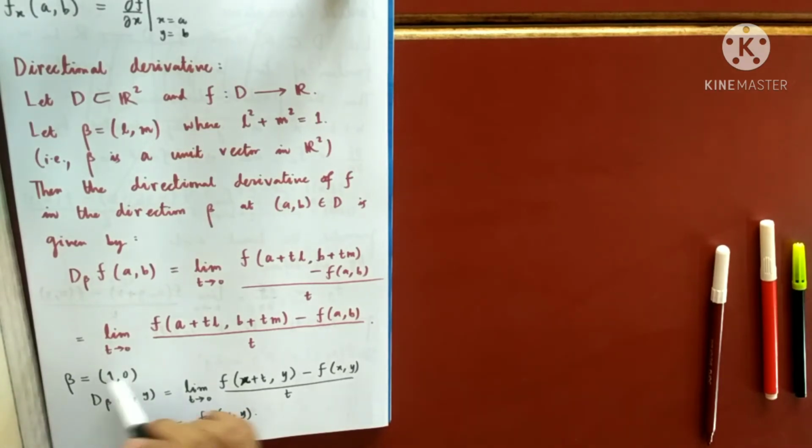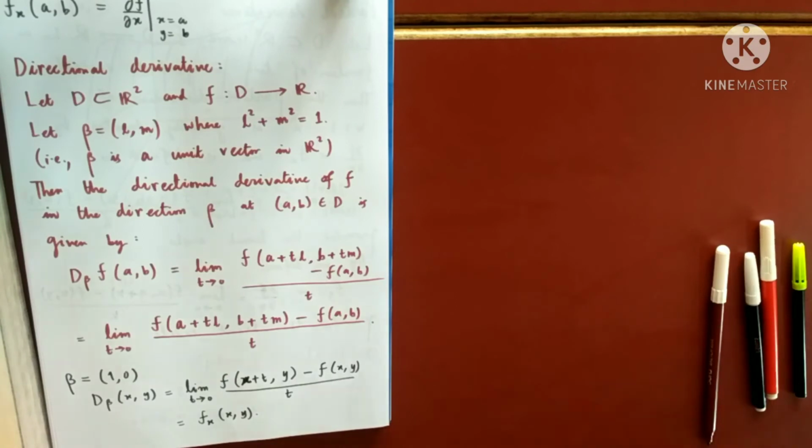When I choose this direction, in the direction of the x-axis, I am getting the partial derivative with respect to x, right? And if I take beta equals to 0, 1, in the j direction, I will get the partial derivative with respect to y. So understood my point? So directional derivative is a more general case of partial derivatives.